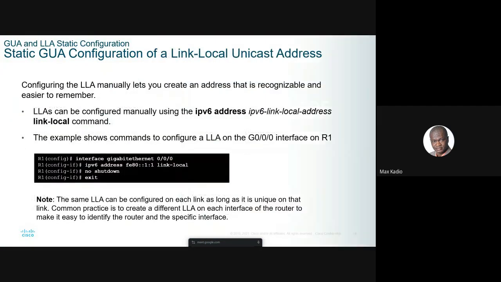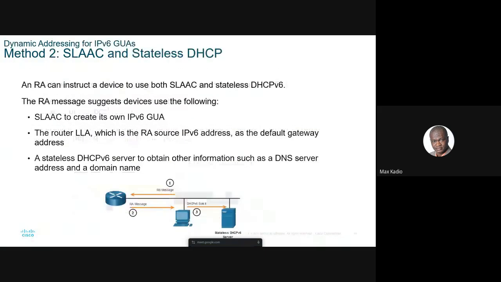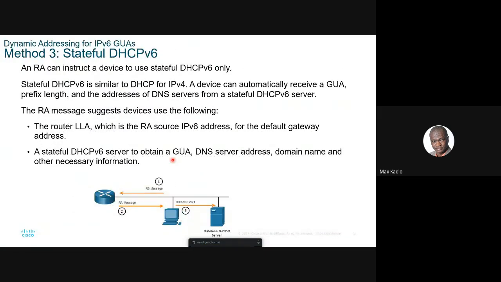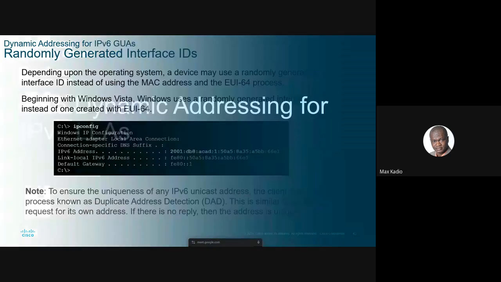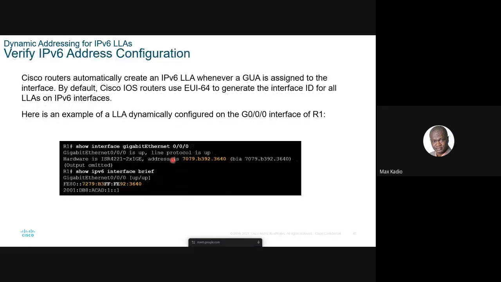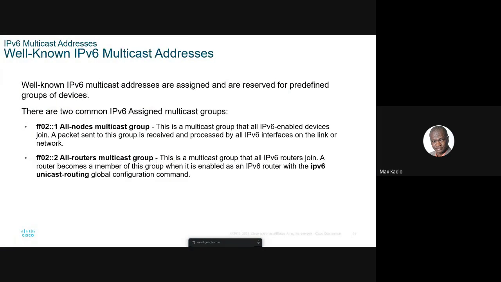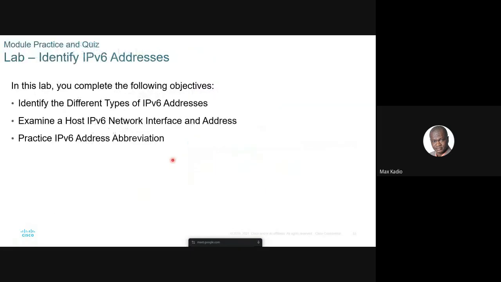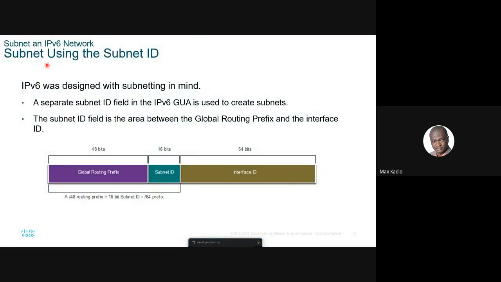Here we don't do subnetting like in IT Essential, how do you call it? CCNA, IPv4, sorry. I'll show you an example. You see, subnetting here we don't do like IPv4.